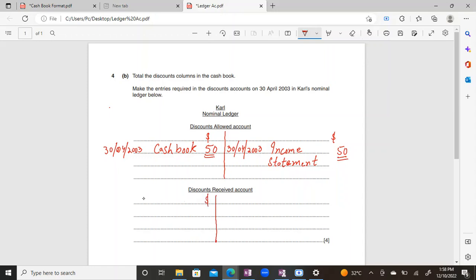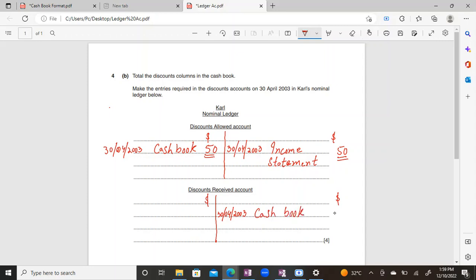Similarly, for the discount received, again, date, details, amount, date, details, amount, on the last day of the month, 30th April 2003. Discount allowed is our expense. Our expenses are debit, so it is recorded on the debit side. Discount received is the income of the business. So income is credit.